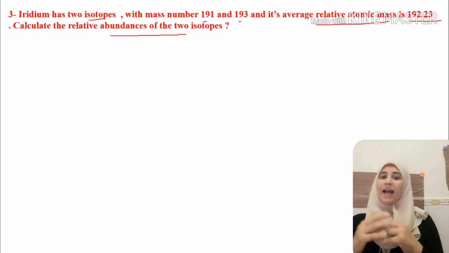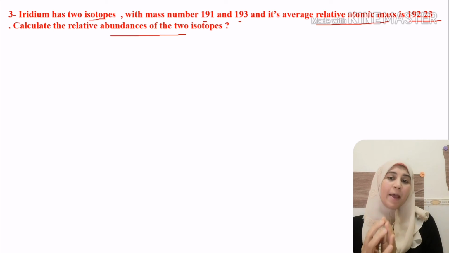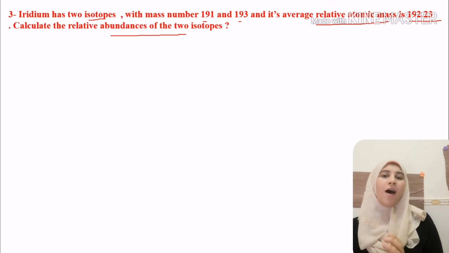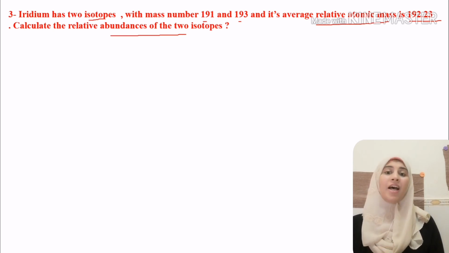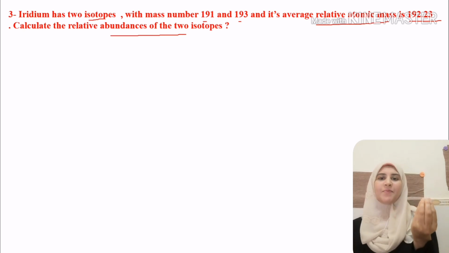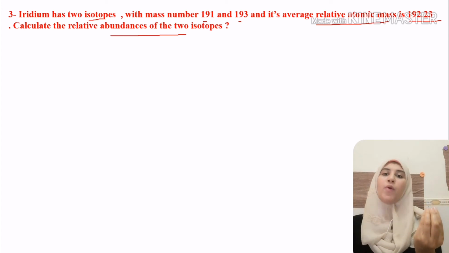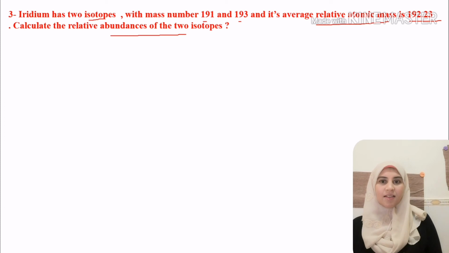I told you at the beginning, I took one sample from the crust. For example, my sample is 100 grams. If I expect that the mass of the first isotope is X, the mass of the second isotope will be 100 minus X. Correct?